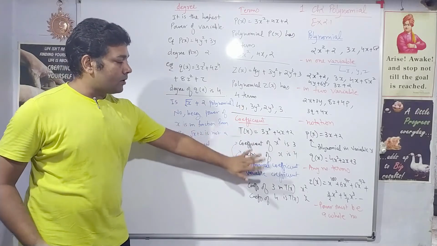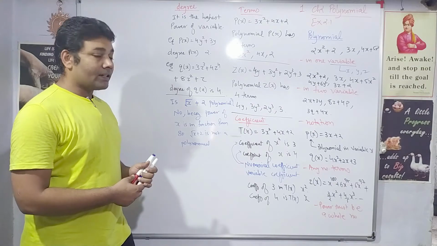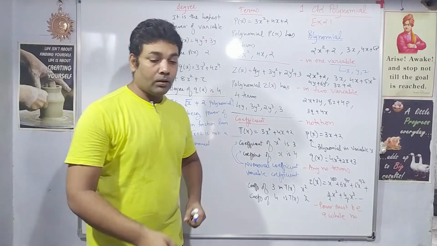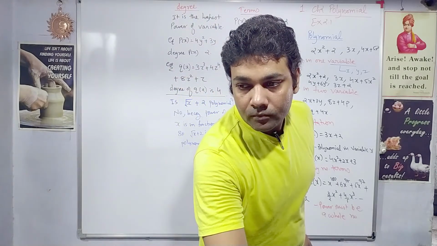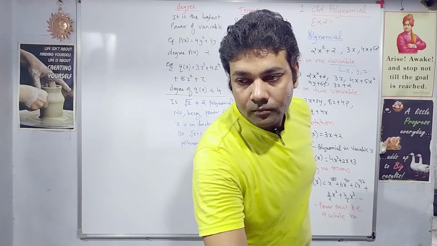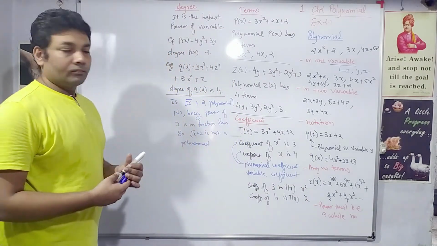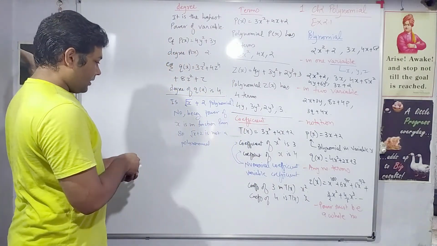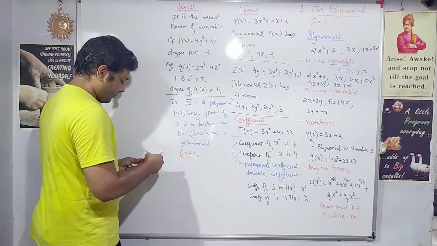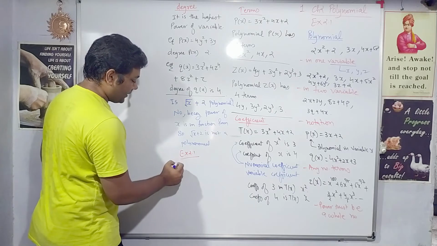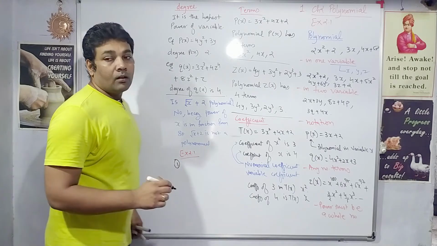So this is the basic which we will need to solve exercise 2.1. Let us take some questions of 2.1. Okay, so in exercise 2.1, the first question says to identify which are the polynomials in one variable.